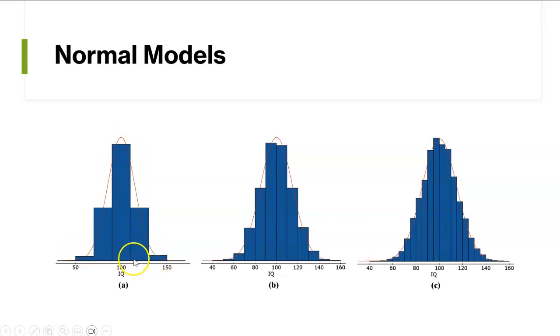In all three of these models, they all follow a normal curve where it starts off low, it increases, it peaks, and then it starts to decrease at the same rate at which it was increasing. All right, and the normal curve is a symmetric curve, meaning you could draw a line down the middle and you will basically get the same thing on both sides of that line.